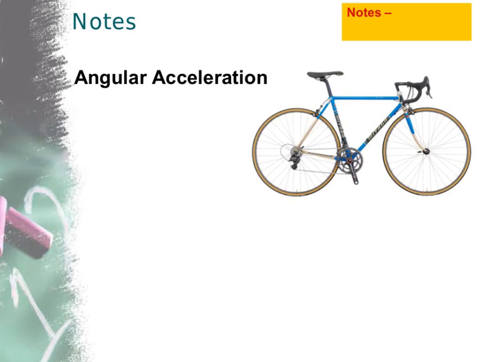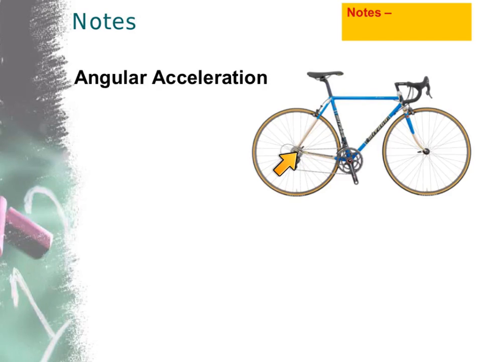Now, just like we have acceleration along a straight line path, we can also have angular acceleration. So imagine that you're on a bicycle and you're at rest. We'll put you on a street, and you're at rest, so the angular speed of this wheel is 0.